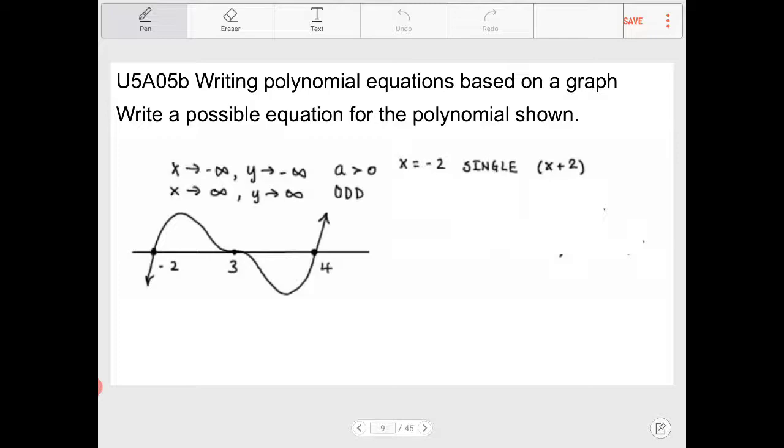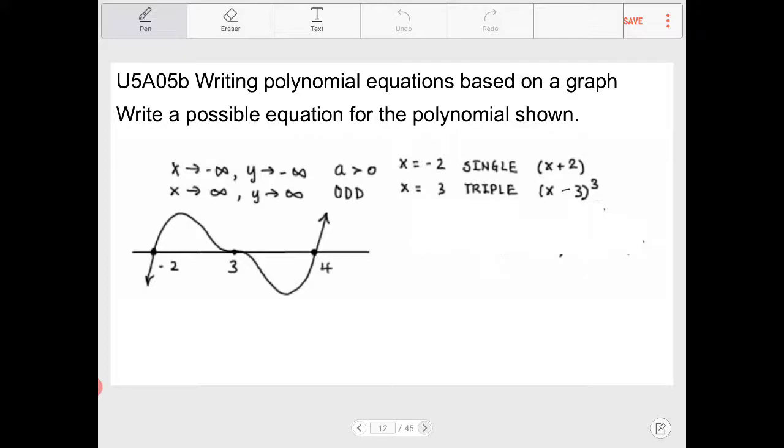The next root I have is 3. This is a triple root, just again, based on the nature of the way that the graph is drawn. In its factored form, the polynomial will have the factor x minus 3 cubed.